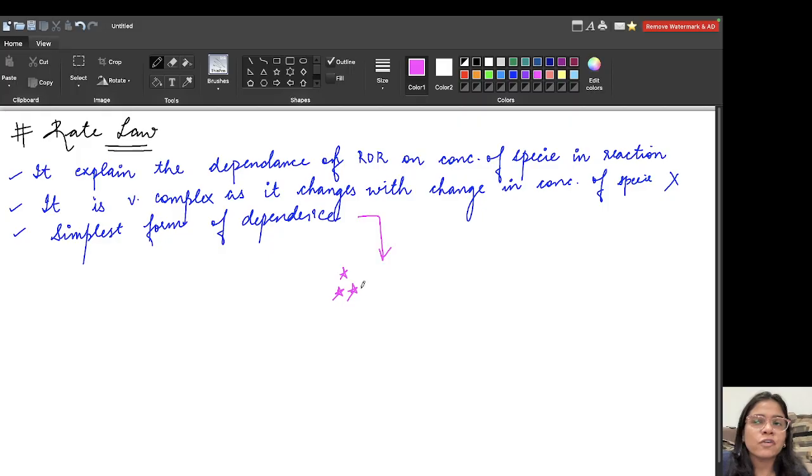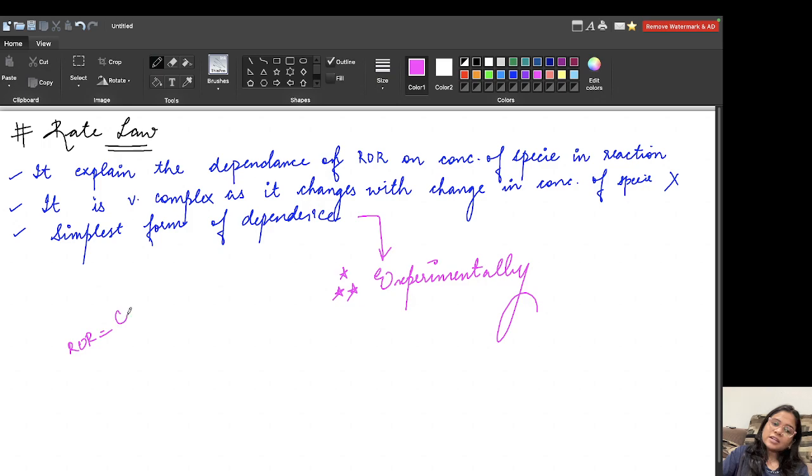We don't have any formulas to explain how the rate of reaction depends on concentration. This can only be done through experimental results. So only experimentally can we determine the dependence of rate of reaction on concentration of reactant.